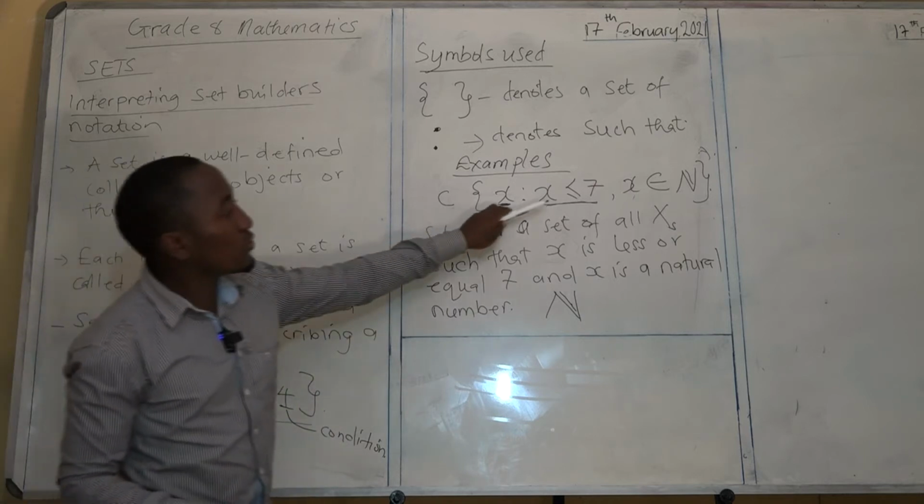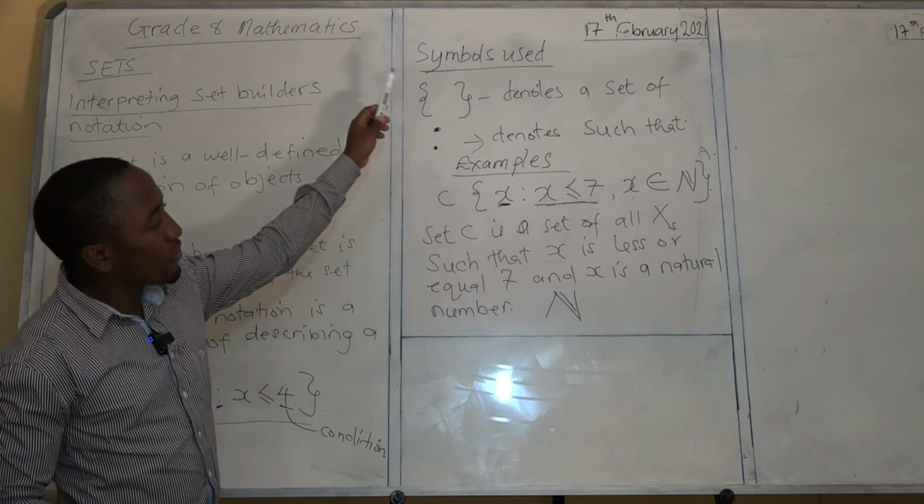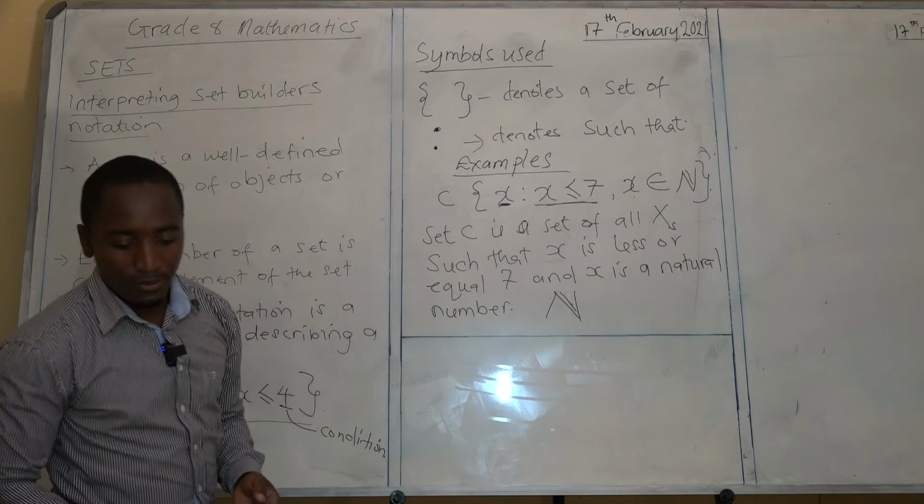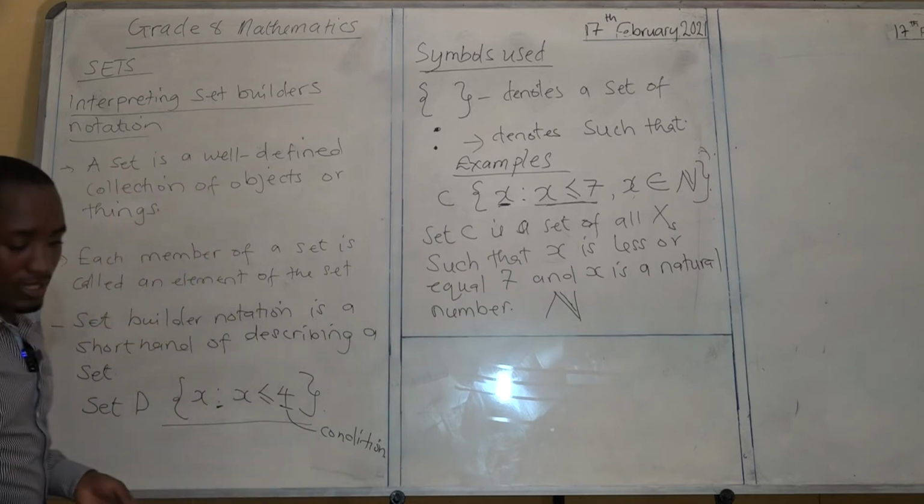If you want to list, you can list all the natural numbers which are less than 7. Okay, so let's look at another example.